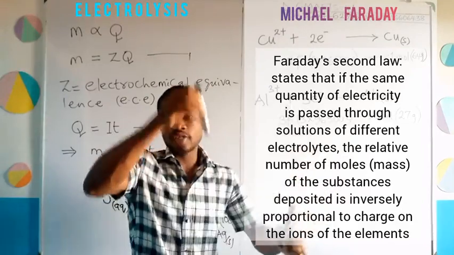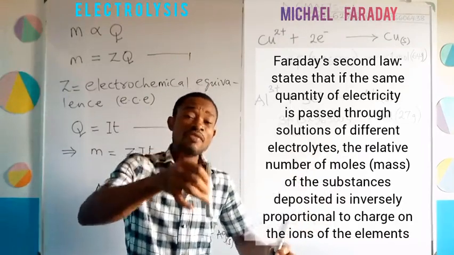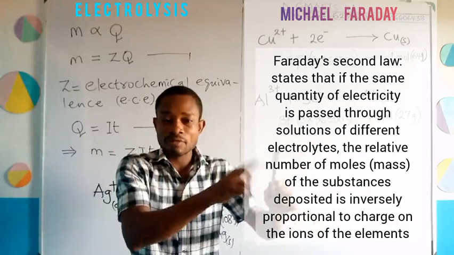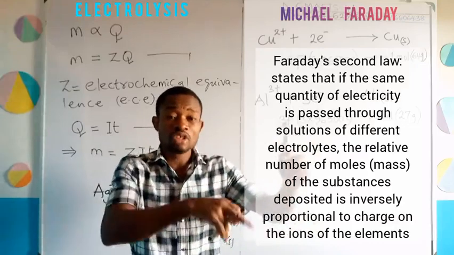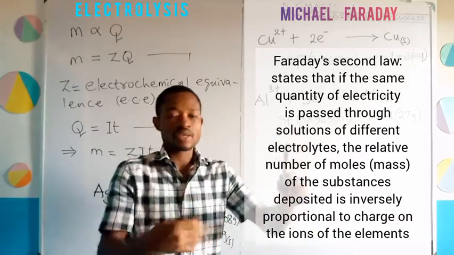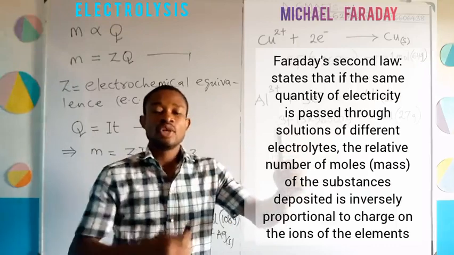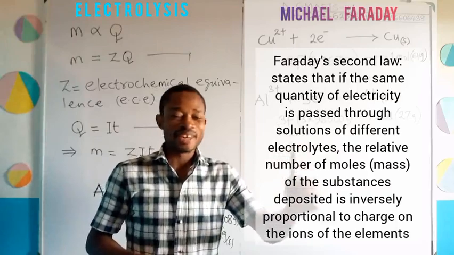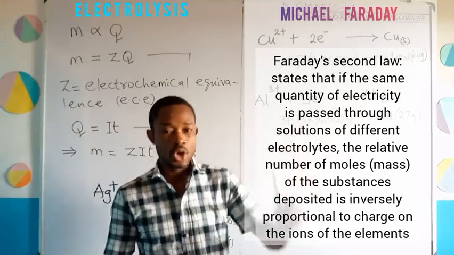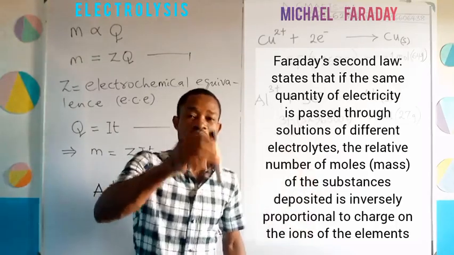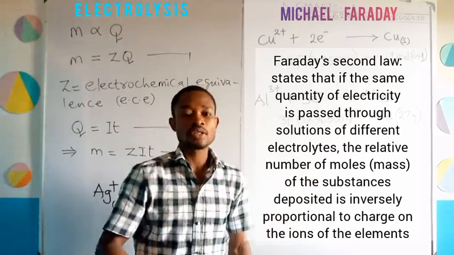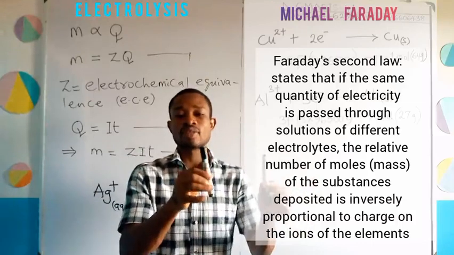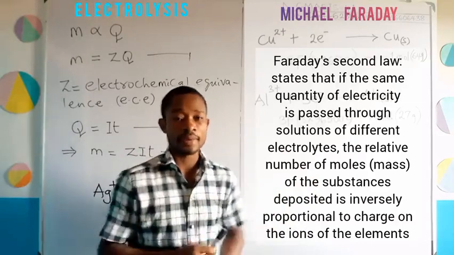This is tri, and this is uni. So if this is 15 grams, then the mass of the trivalent or divalent should be less than this. So let us assume that maybe 10 grams of this will be deposited. Because this one has higher charge, lower mass will be deposited. This one has lower charge, higher mass will be deposited, as long as you pass the same quantity of electricity through them.